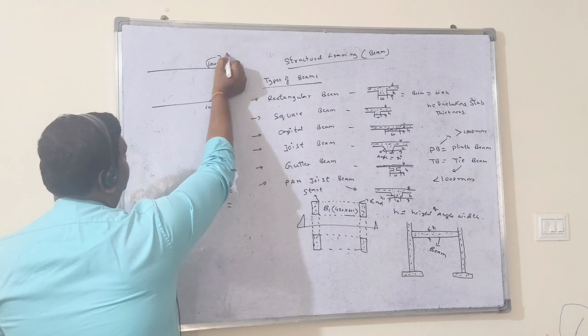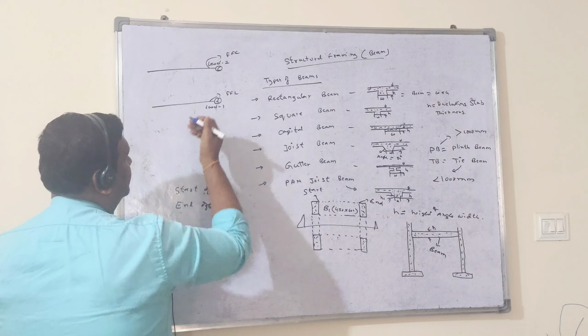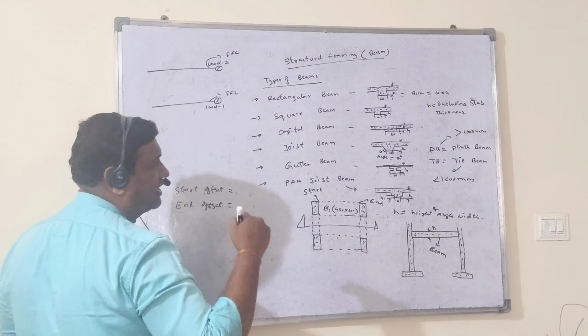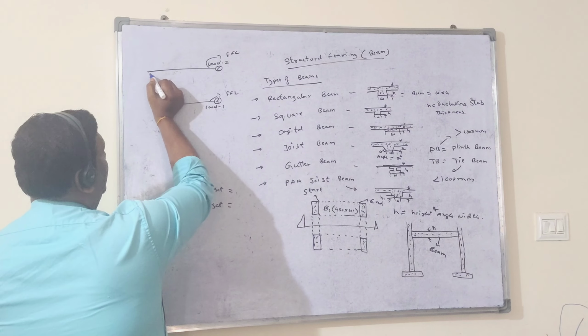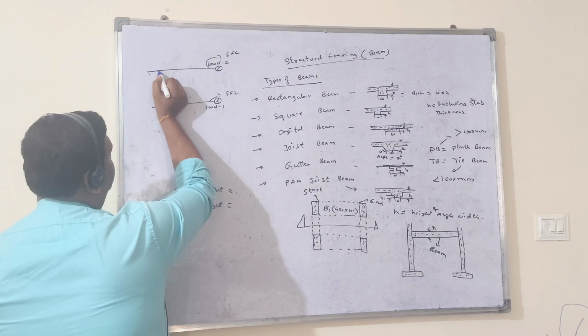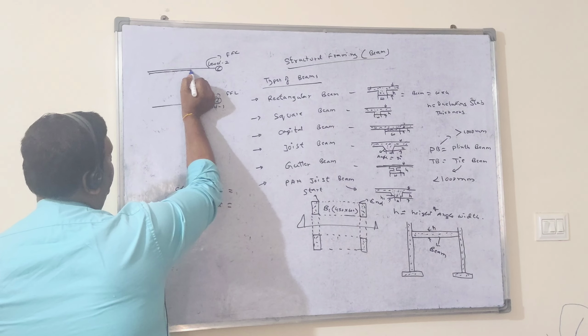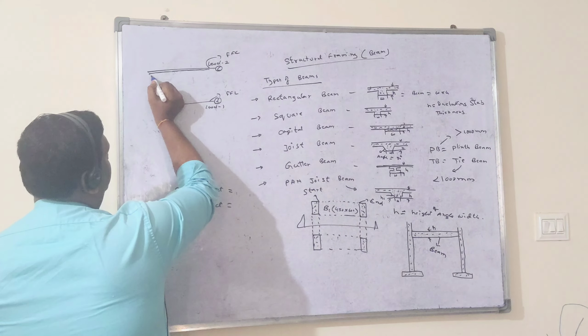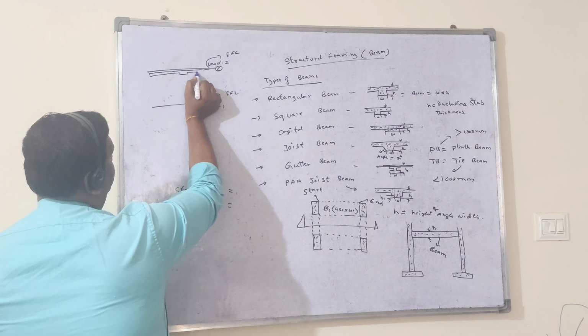This level also we consider as FFL. So the beam, slab, everything should be below this level only. Your slab will be below this level, because FFL will have some height. So here this level will be, and here your beam may come like that.